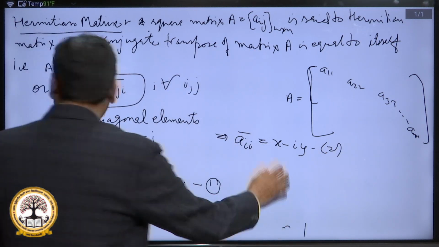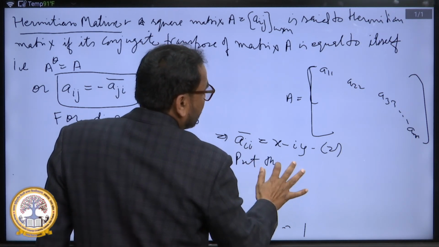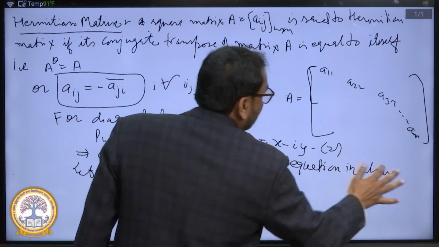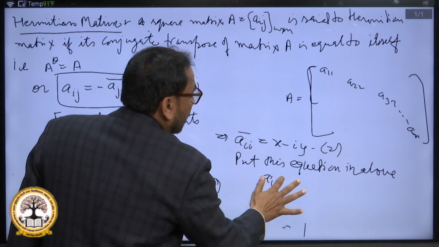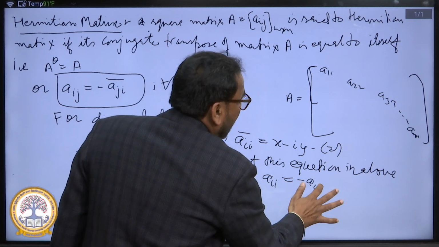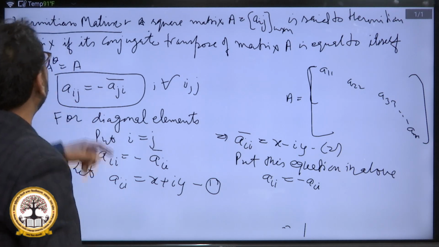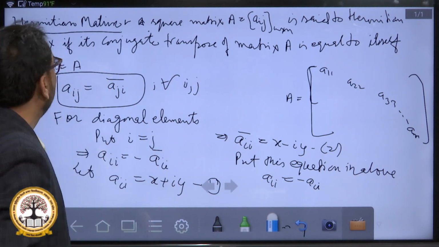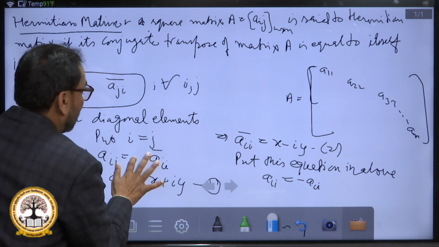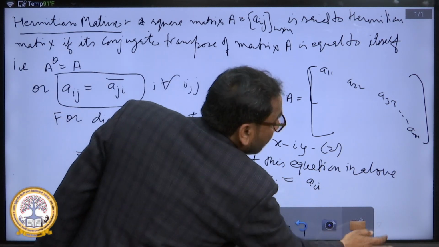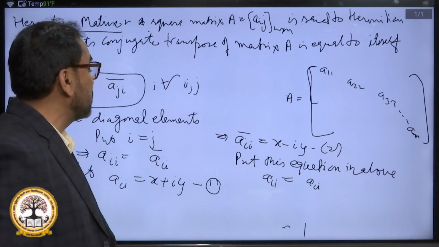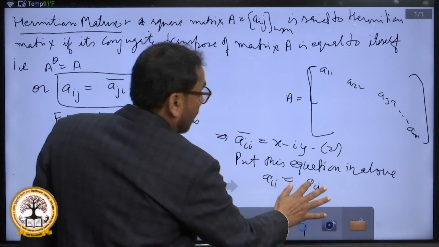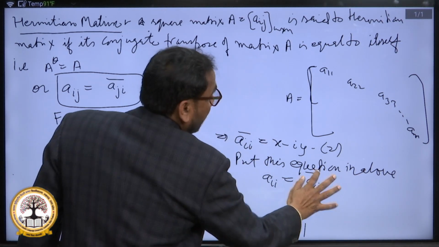Put these equations in the above: Aii is equal to Aii bar.